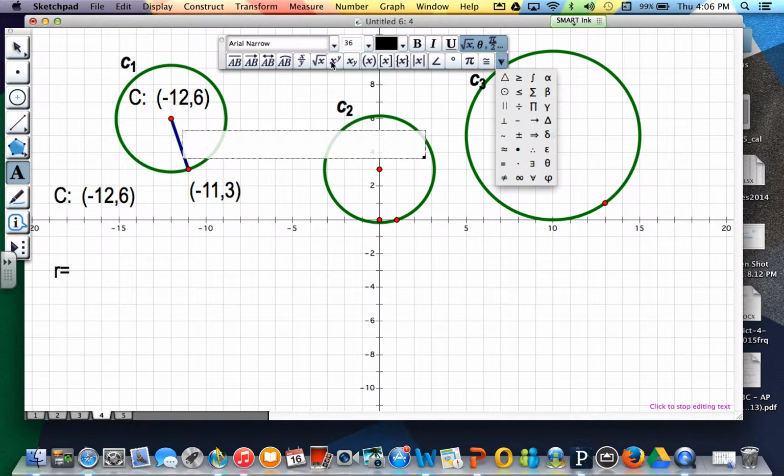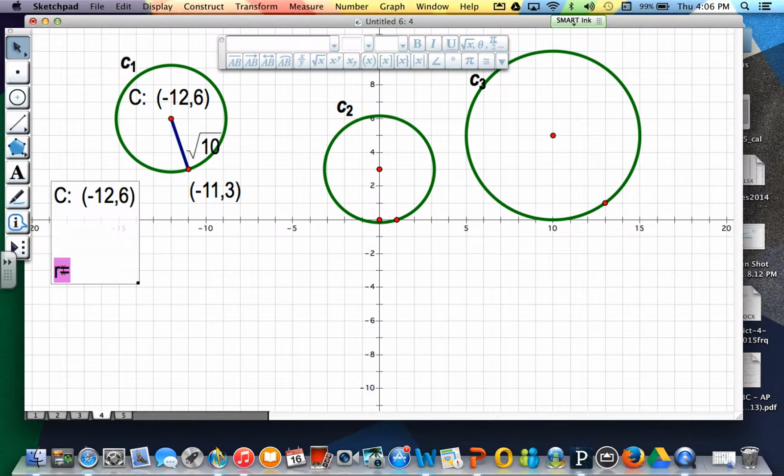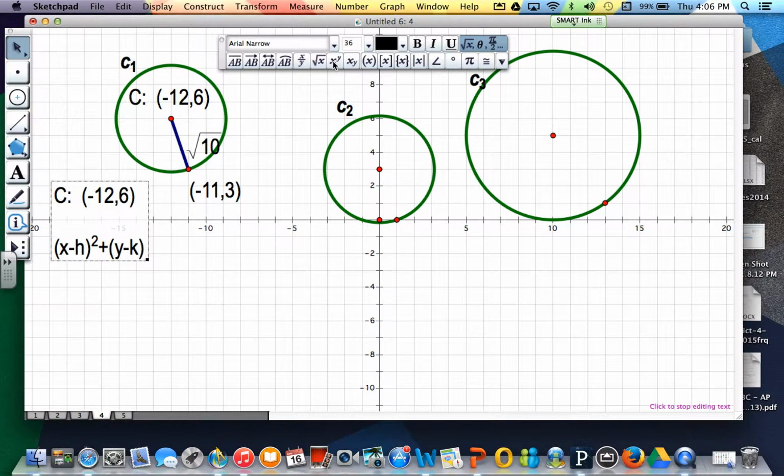Don't be worried that you have a radical sign, because remember, your equation is (x minus h), where h is the x coordinate of the center, plus (y minus k), where k is the y coordinate of the center, equals r squared.